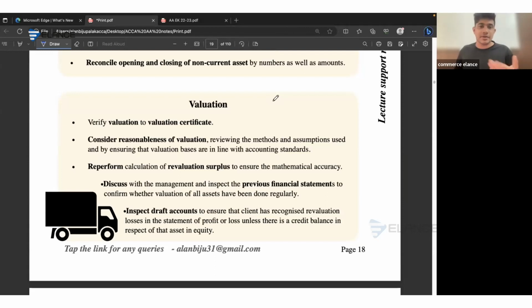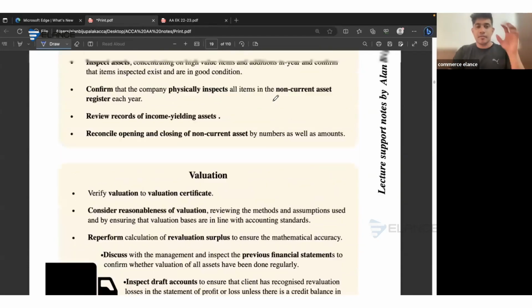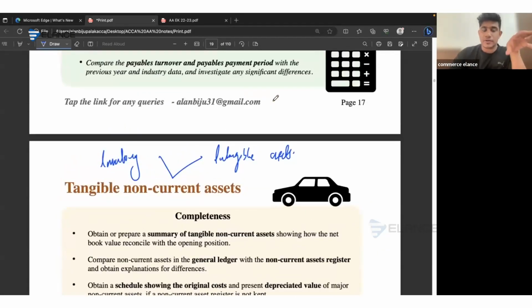However, in case of a tangible non-current asset, the valuation will be entirely different. We will be recording the tangible non-current asset using cost model or revaluation model, and gains and losses of all these assets will be taken to OCI and so on. So the treatment is entirely different. So you have to properly read the scenario and identify whether the examiner is asking about an inventory or about a non-current asset.